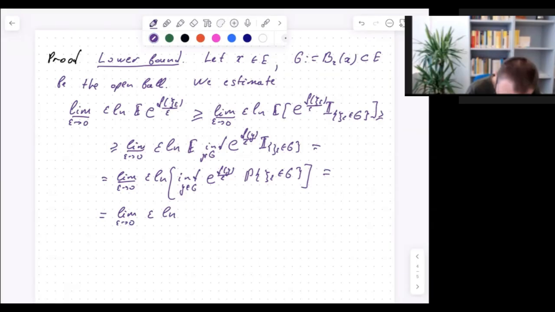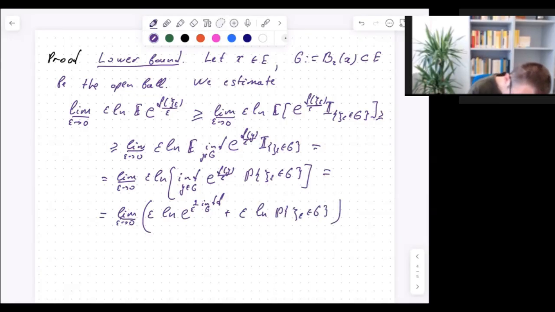And then, by the way, this infimum you can move inside the exponent, because the exponent is a monotone function. Then we have e to the power 1 over epsilon, infimum over g of the function f, and then plus epsilon, and it is the logarithm of the probability that psi epsilon belongs to g.